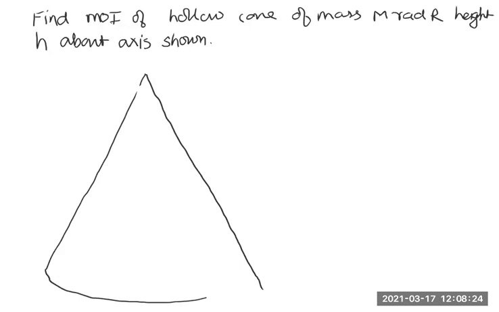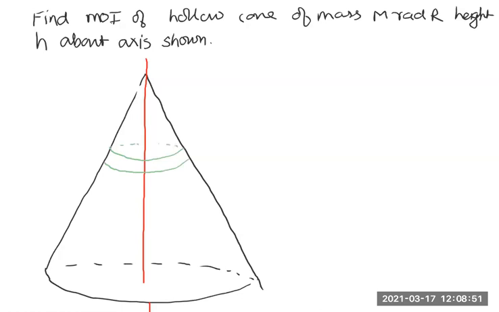Okay, and before you guys start getting creative, this is the ring. A hollow cone is made up of rings, and when you are dealing with hollow cones, then this distance must be taken as the variable.